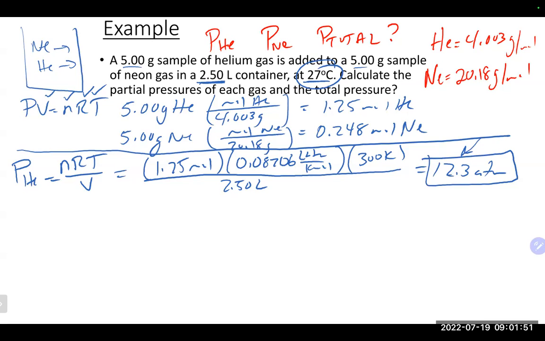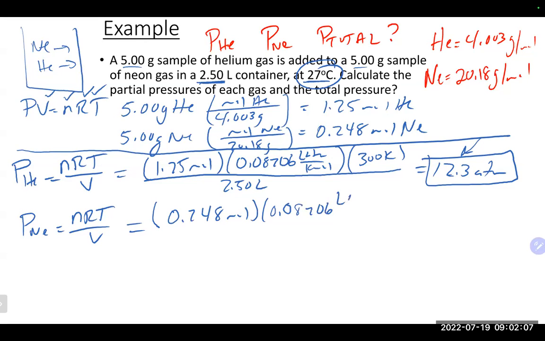We're going to do pretty much the identical calculation for neon. Once again, the only difference is going to be our moles, which will be 0.248 moles. Everything else is going to be the same since they're in the same container.